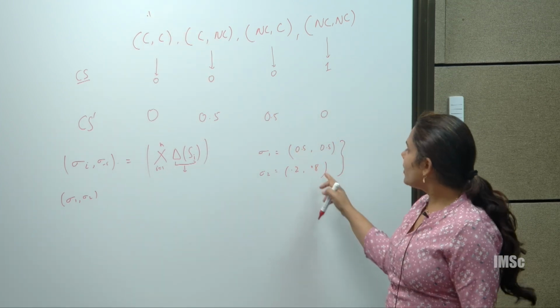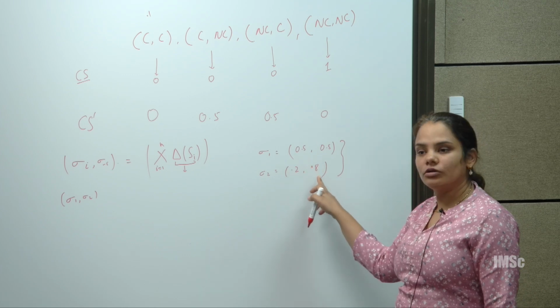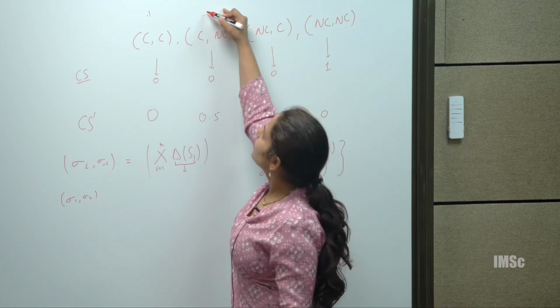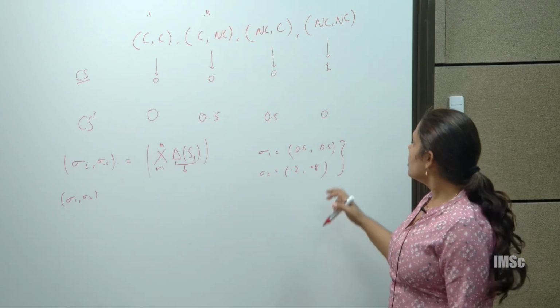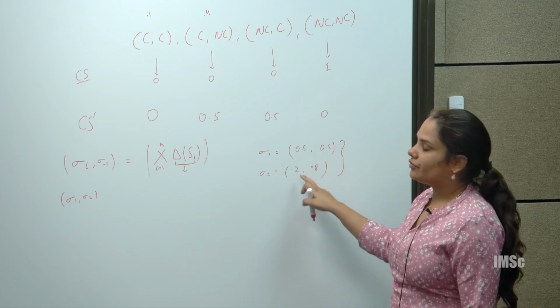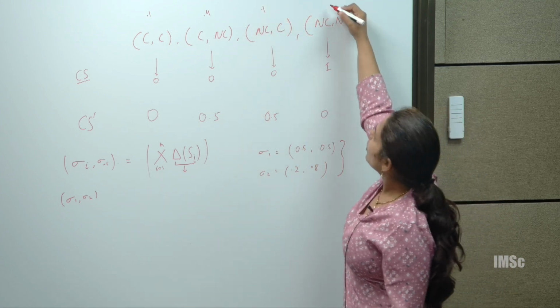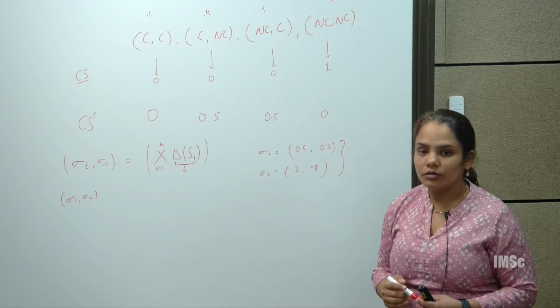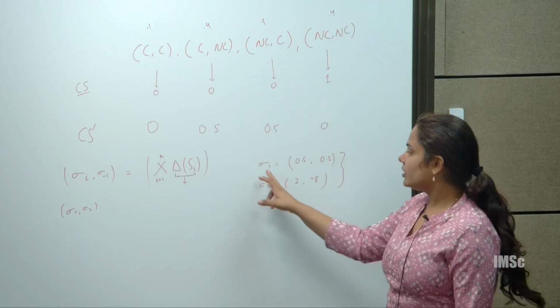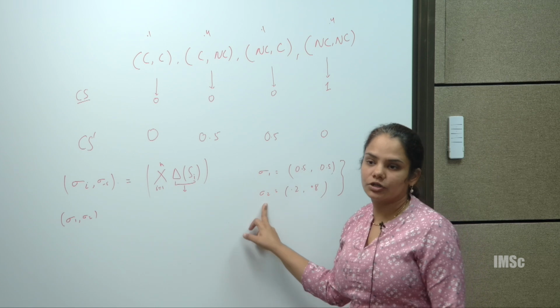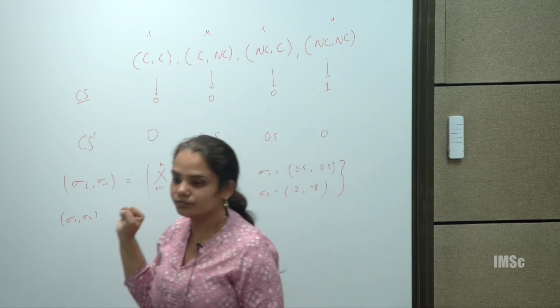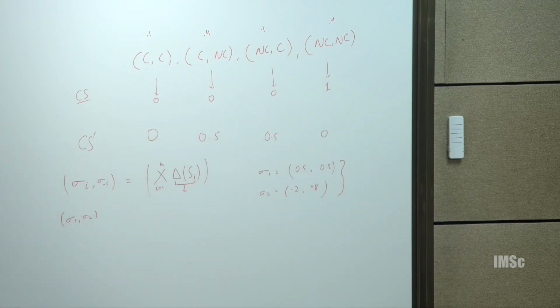What will be C comma NC? This will be 0.5 into 0.8, which is 0.4. NC comma C is 0.5 into 0.2, which is 0.1, and finally NC comma NC is 0.4. Sigma 1 is the mixed strategy of player 1, sigma 2 is the mixed strategy of player 2. Make sense?